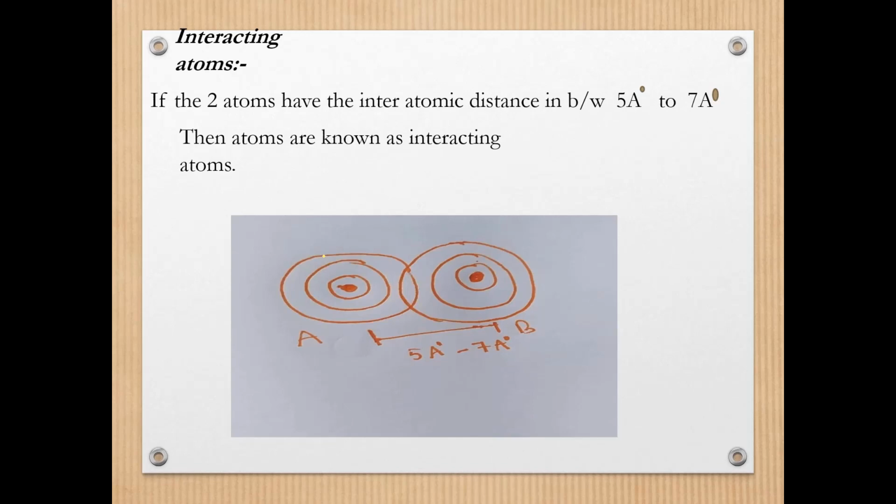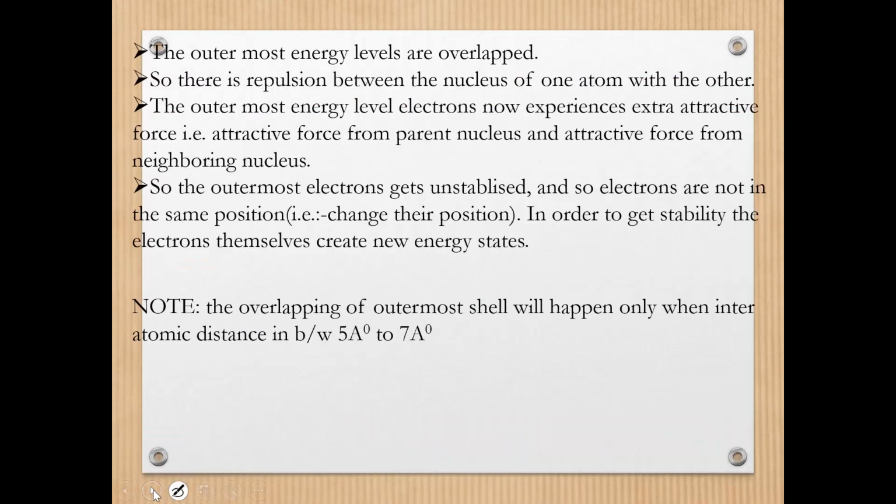Here, consider an electron, the outermost electron, here. When it revolves and reaches here, the electron is affected by the nucleus of atom A, and similarly by the attractive force of atom B. Now it has more attractive force from the two atoms: the attractive force from the parent nucleus and the attractive force from the neighboring nucleus.